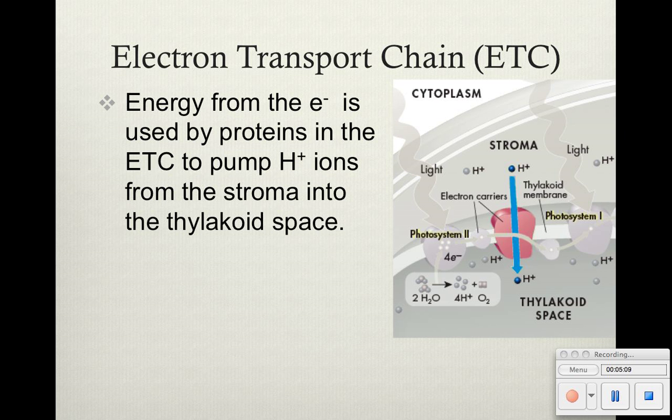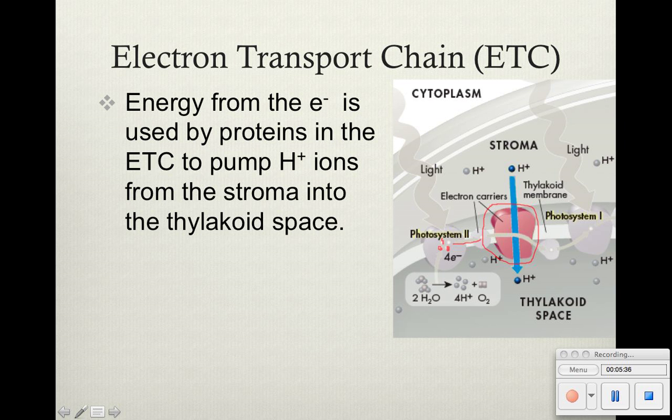All right. So let's move on from the electron transport chain. We just came from water, and now energy from those electrons is basically used by the proteins within the electron transport chain. And what happens at this carrier, this pink one, okay, when an electron, see if I can color these guys. See, these are little electrons.